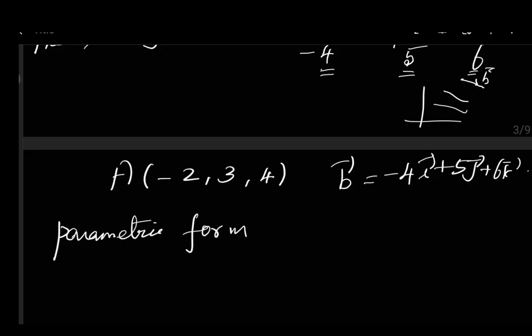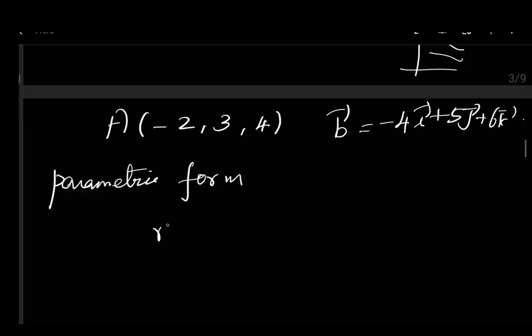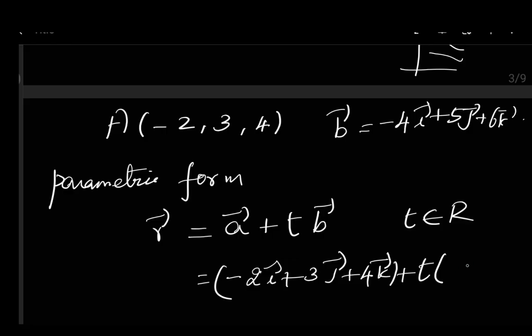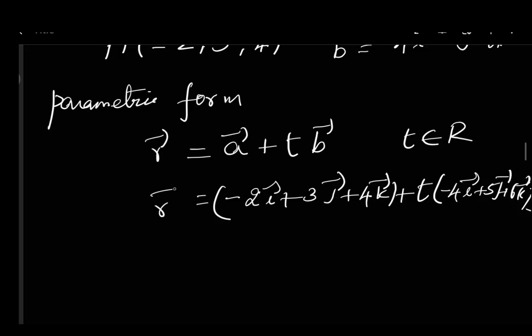Parametric form is vector r is equal to vector a plus t into vector b, where t is a scalar, t belongs to R. So a is minus 2i plus 3j plus 4k, plus t into vector b, which is minus 4i plus 5j plus 6k. So this is the parametric form.